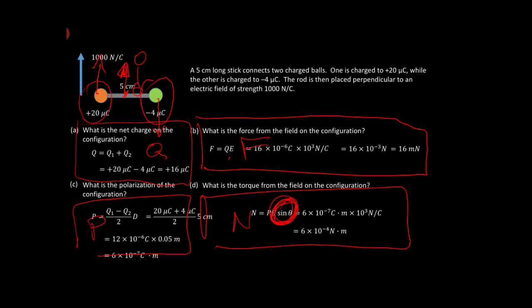But if it was balanced, it would just go back and forth and back and forth, unless it had an initial velocity. So that's basically what the point of that problem is.